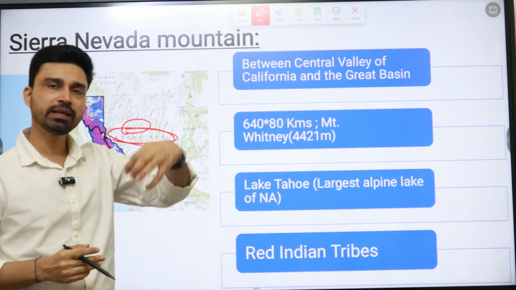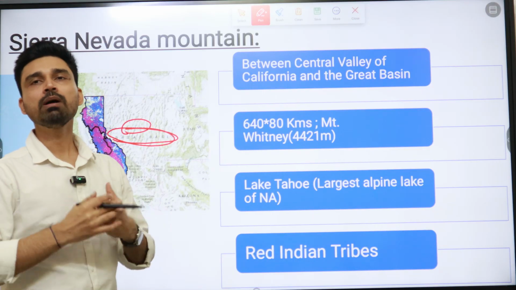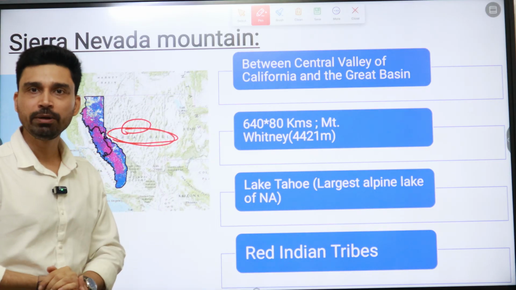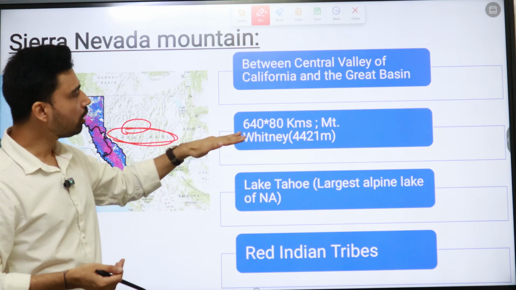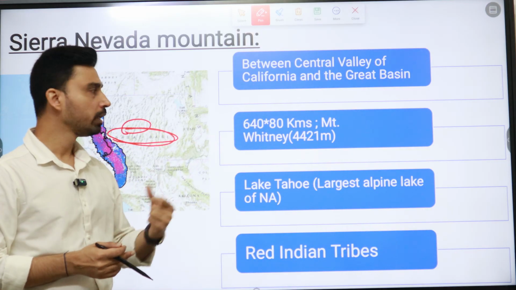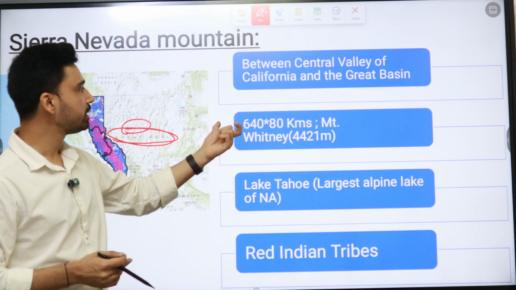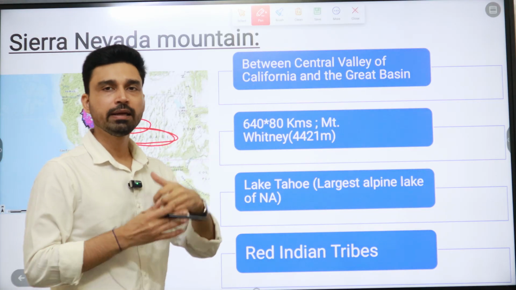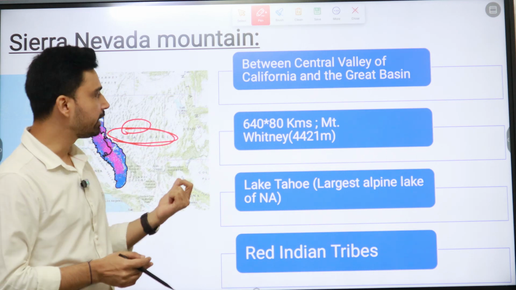Between them you have the extension of the Sierra Nevada mountain. This mountain also formed in a similar way to how the Rockies came into existence. Overall, the dimension of this Sierra Nevada mountain is about 640 by 80 kilometers. 80 kilometers is the width and 640 kilometers is the length of the mountain.